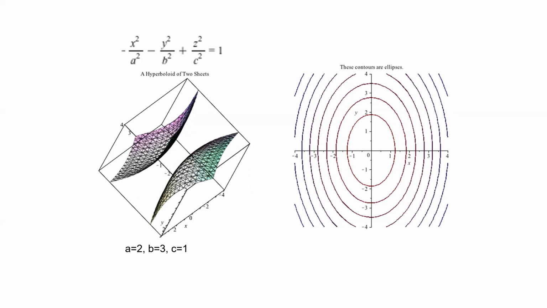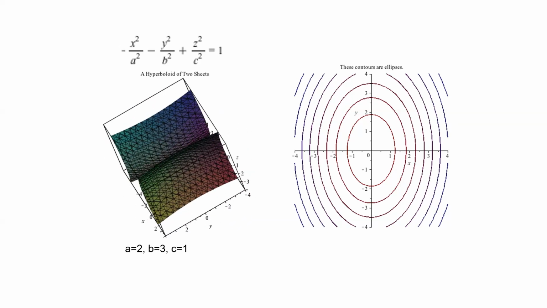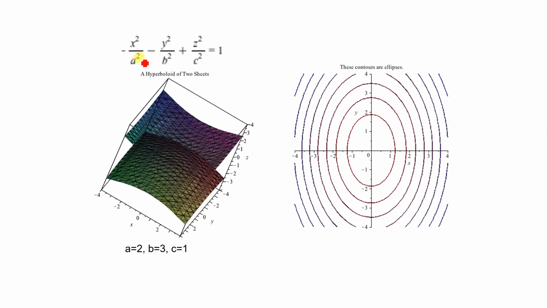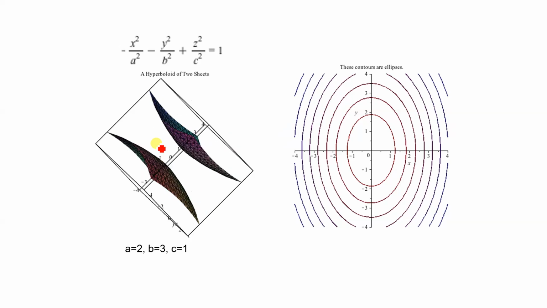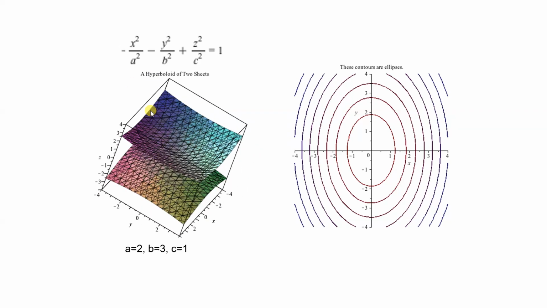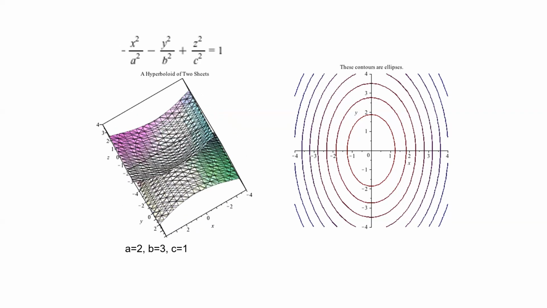So there is a gap between the upper and lower sheet. So that is why this is called hyperboloid of two sheets. So when we have two negative signs, then the surface is hyperboloid of two sheets. When we have one negative sign, we have a surface which is called hyperboloid of one sheet.